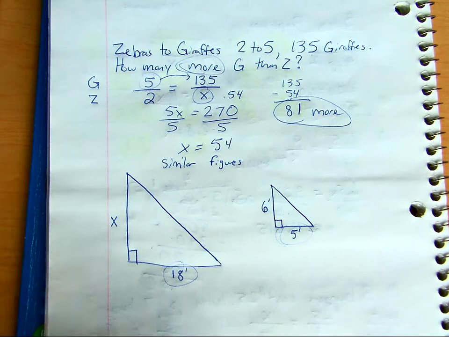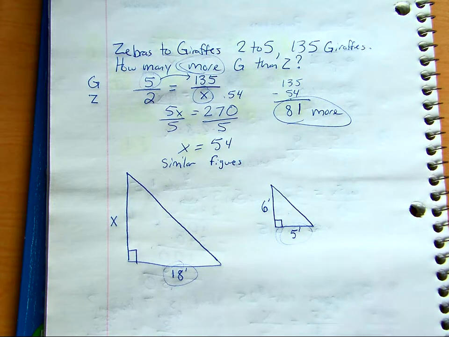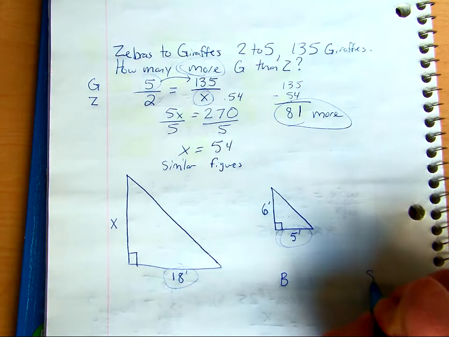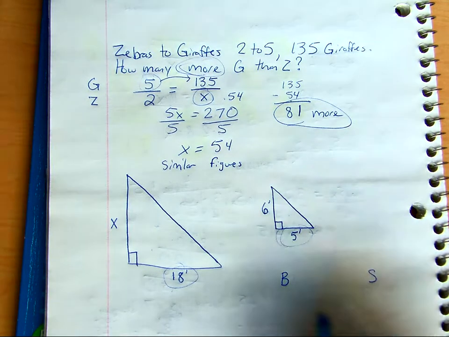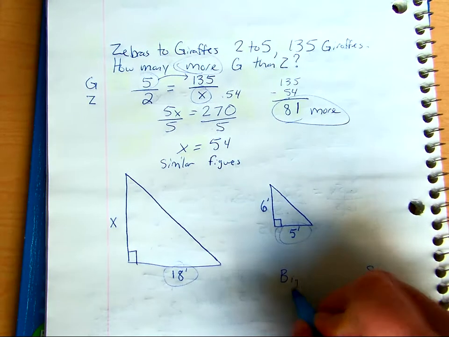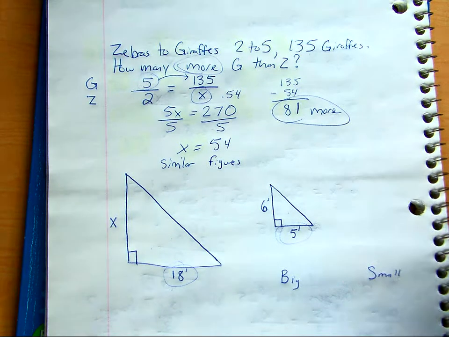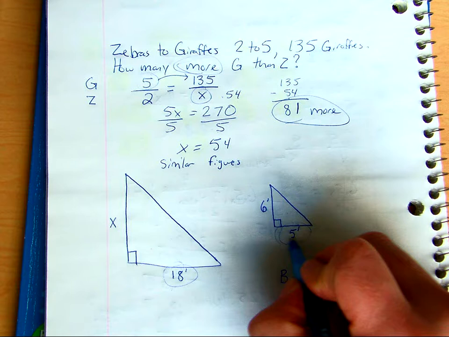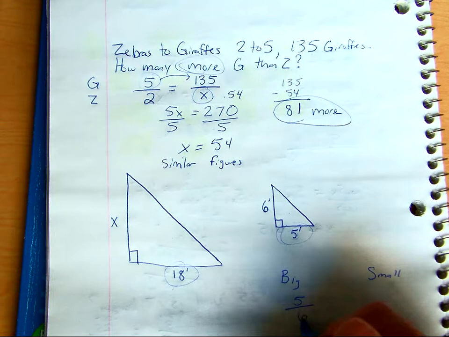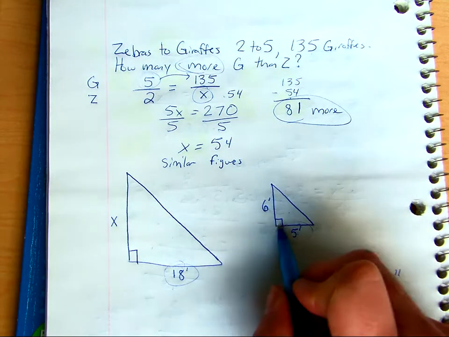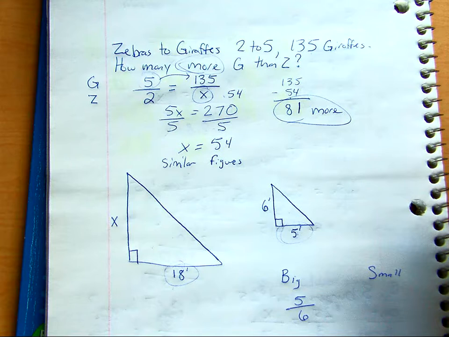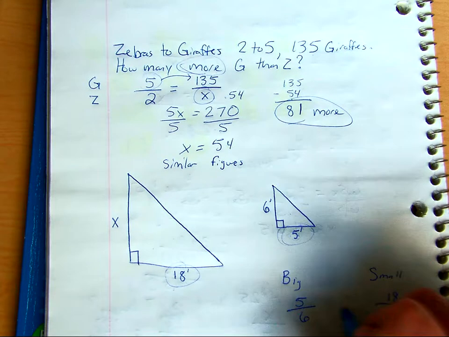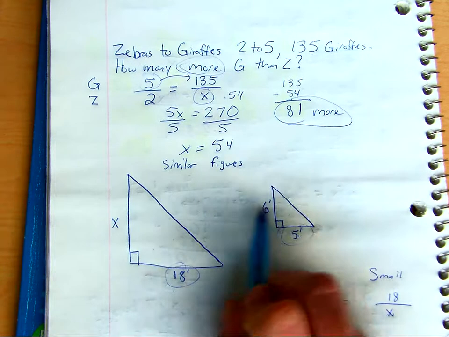So I can set up my proportion with, I'm just going to say, the big triangle and the small triangle, all right? So I'm going to keep these organized. 5, I'm using the bottom side, over 6. This is actually called the leg. And then these sides are matched up, so that has to go on the top. And the unknown side goes with 6 because they're in the same spot.